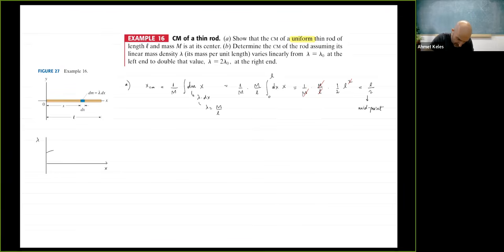So the density varies something like that. And they are saying that this point is lambda 0 and this point is what? It's 2 lambda 0.